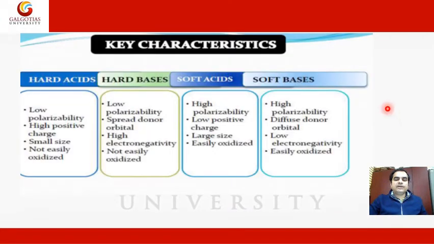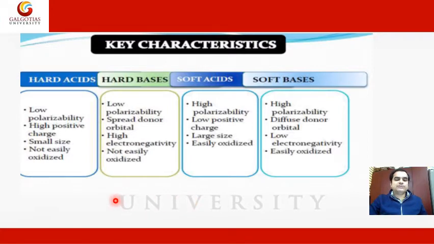Now, what are the various key characteristics for a species to become a hard acid, hard base, soft acid, or soft base? In this chart, we can show the different characteristics for species to be categorized as hard acids and bases, soft acids and bases.